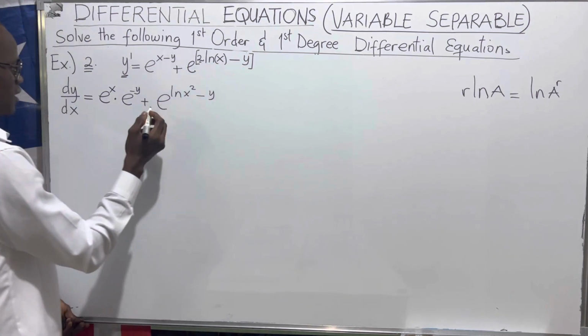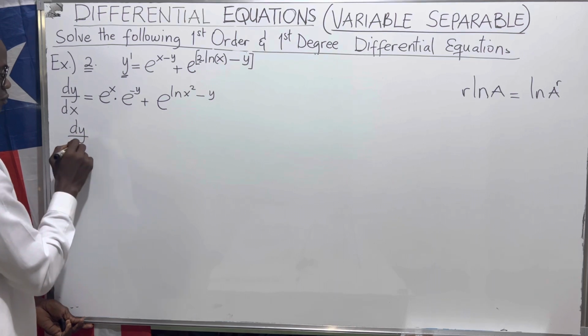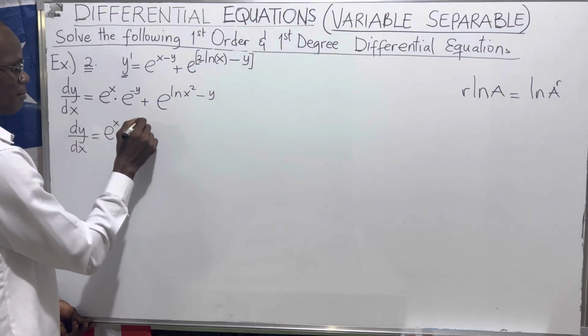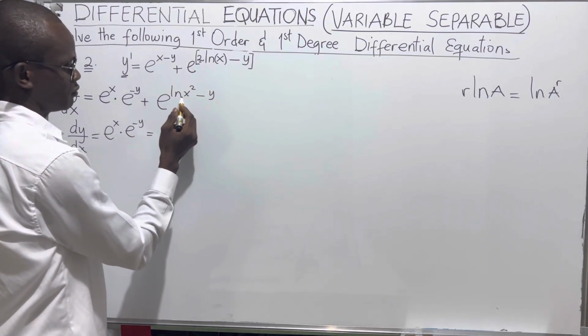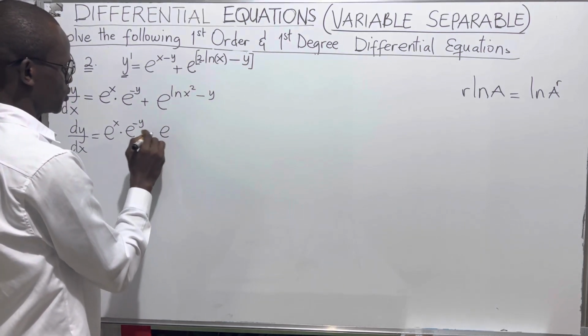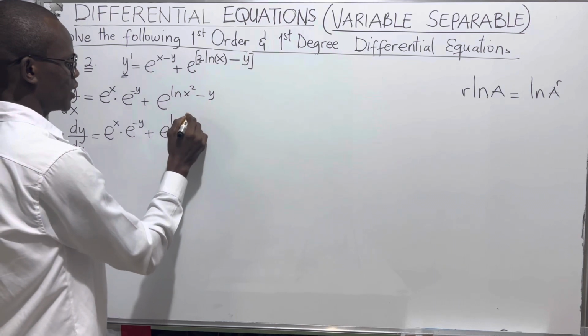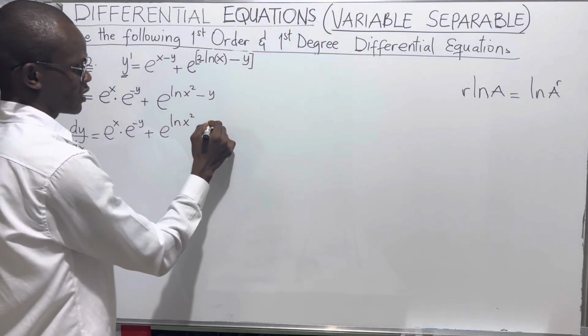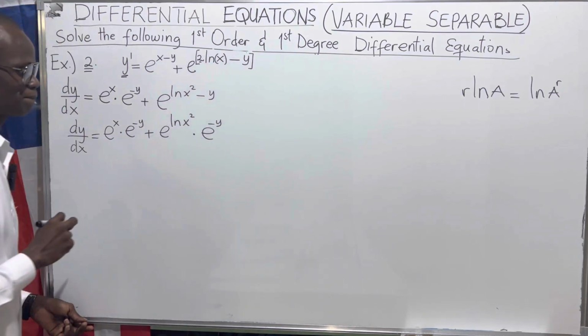So we can say e raised to ln of x squared times e raised to minus y, right?